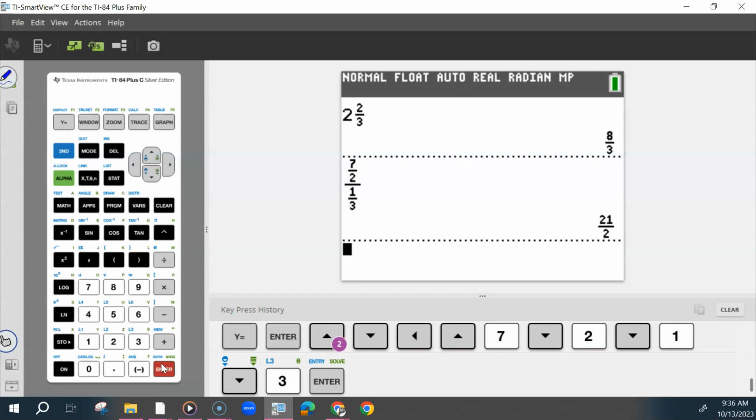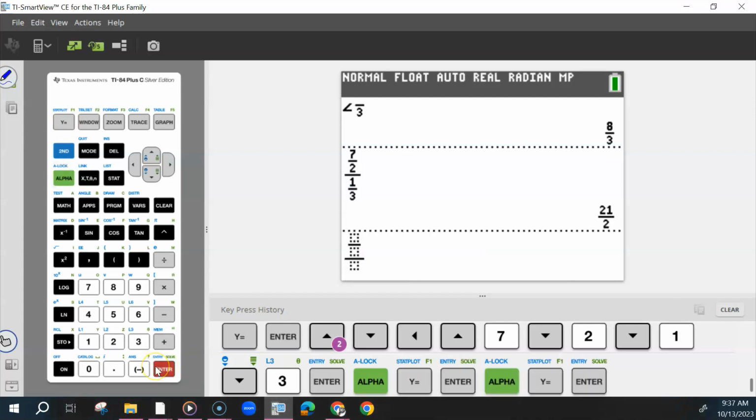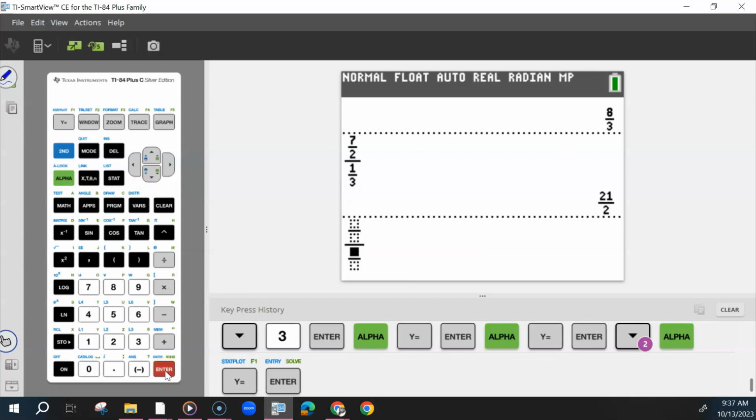Yes. My calculator gave me a different answer. That's probably because you didn't do exactly what I said. So alpha y equals. At the top, do it again. Alpha y equals. All the way at the bottom, do it again. Alpha y equals.